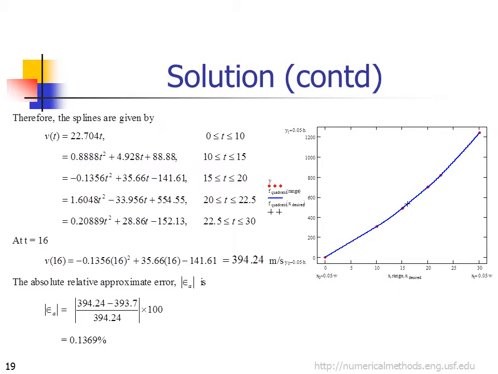I went to equation number 3, replaced the value of t with 16, and I got the velocity, which comes to be 394.24.